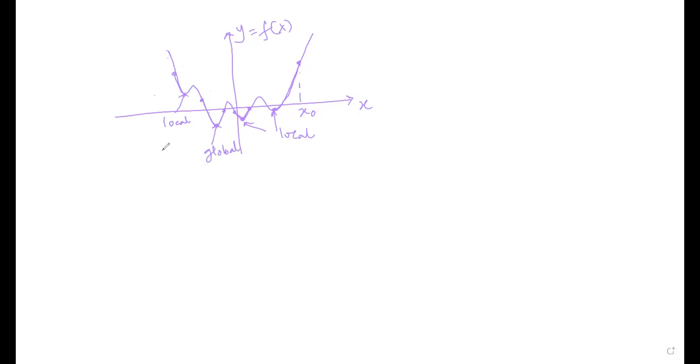So for multimodal, it can still give you the global minima if you know the pattern of the function beforehand. Okay, you know that your global minima lies within this zone. Let's say you can plot the function. You can vary x plus and minus. This is your domain of x, range of x. So you know that if I choose my initial value here, then probably I can reach the global minima.